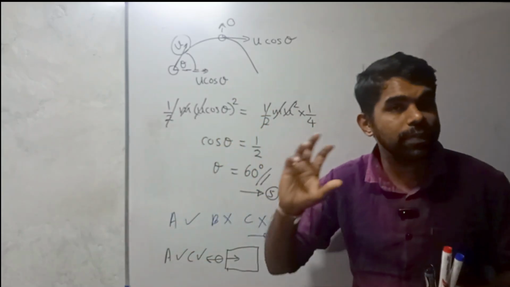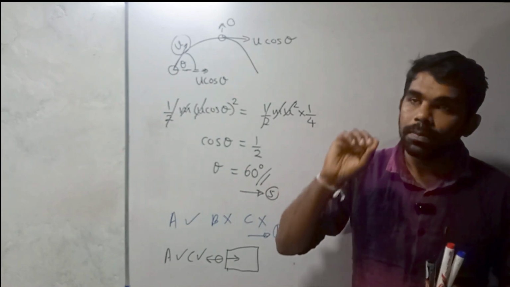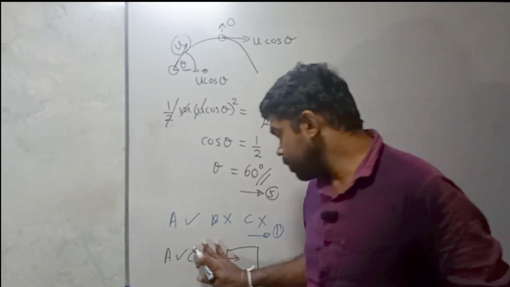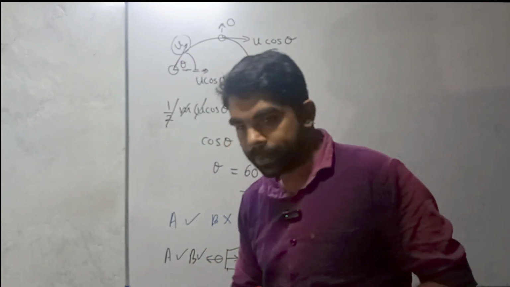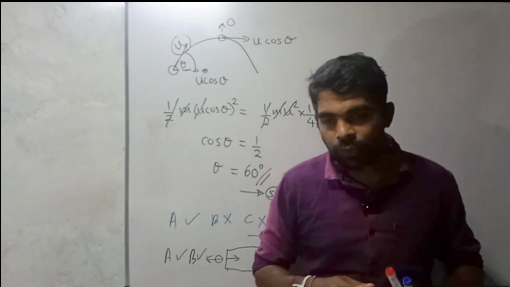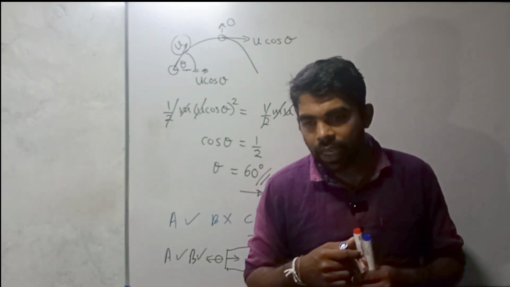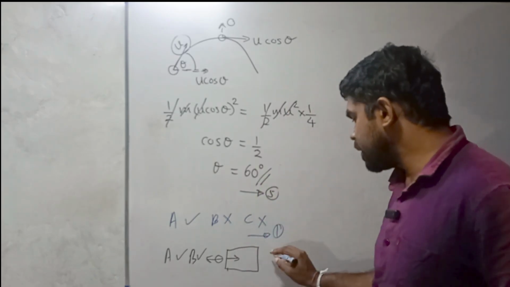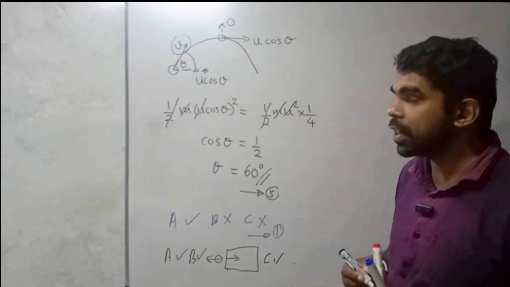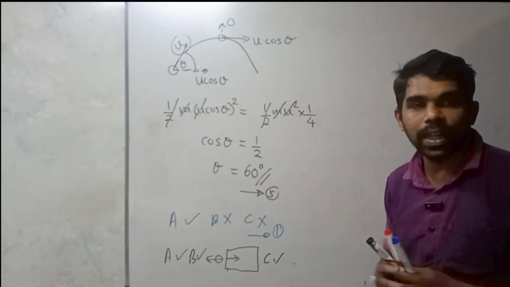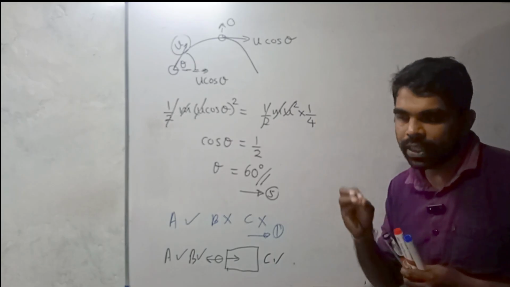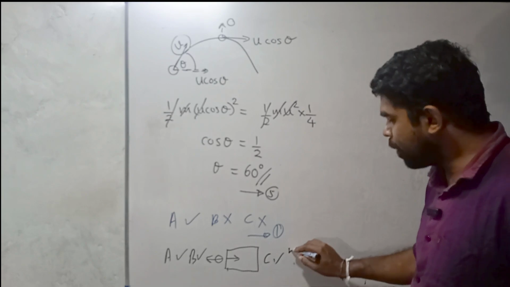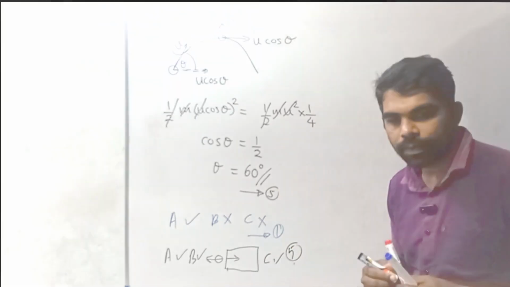Therefore, conservation of energy is valid, but mechanical energy is not conserved. Then statement B is also correct. Statement C, a part of the kinetic energy of the system is lost due to the collision. Yes, it is correct. The kinetic energy loss is converted into heat energy, sound energy or any other energy form. Then A, B, C all are true. Answer is 5 for question number 3.